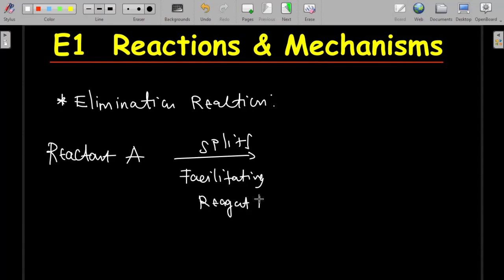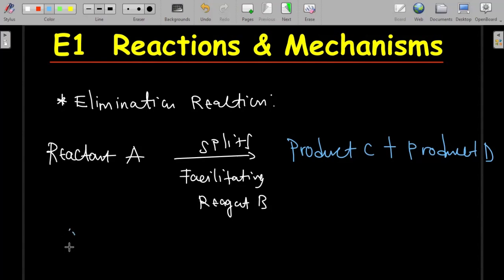We are going to call it reagent B. So when this reactant splits, it forms two new products, product C plus product D. So this here is essentially the elimination reaction.